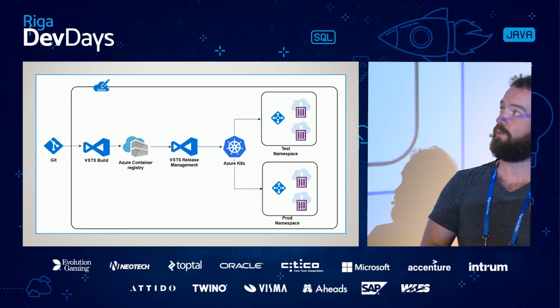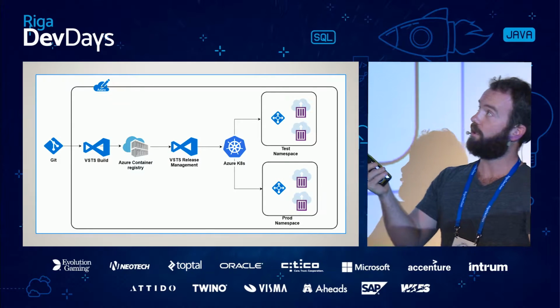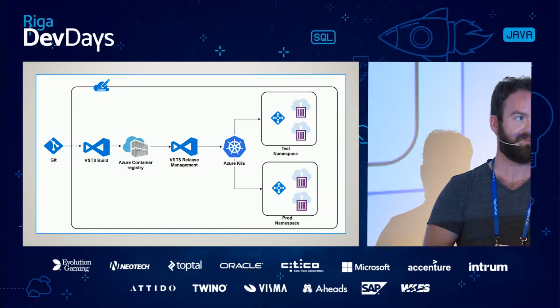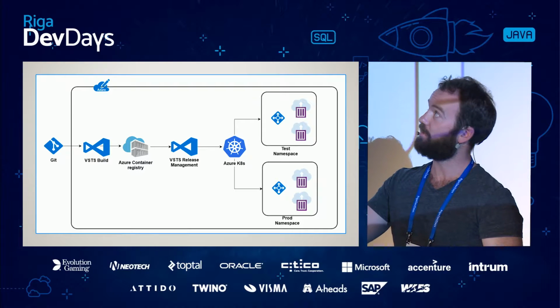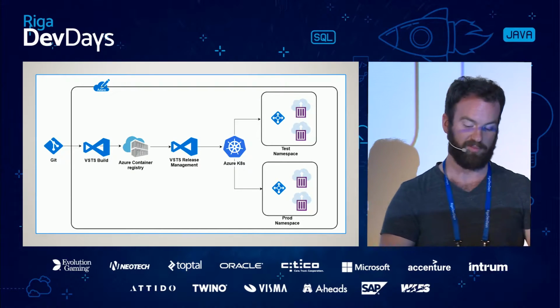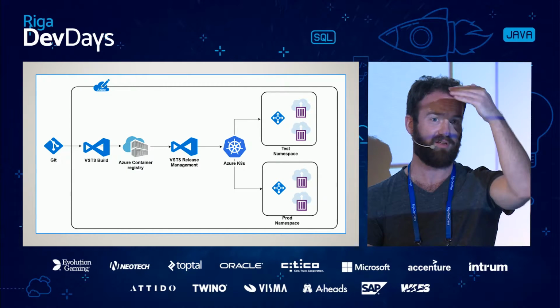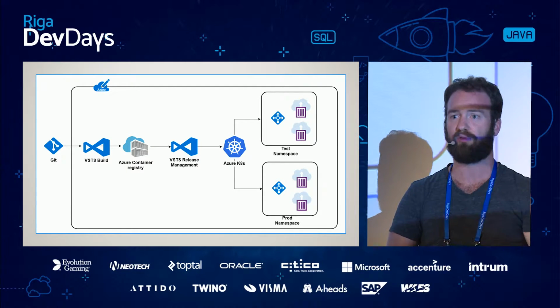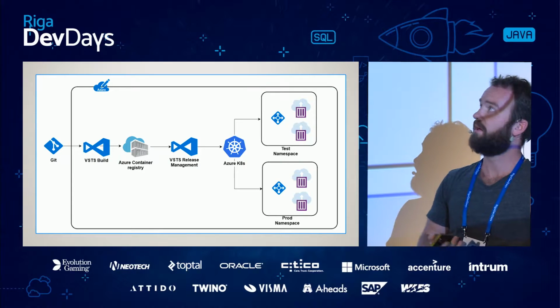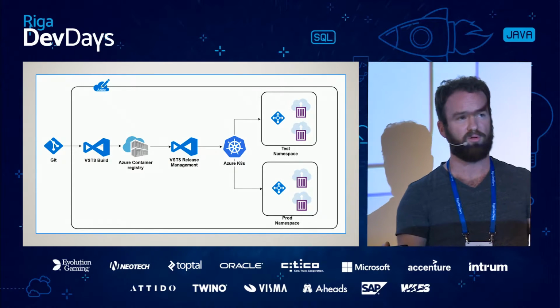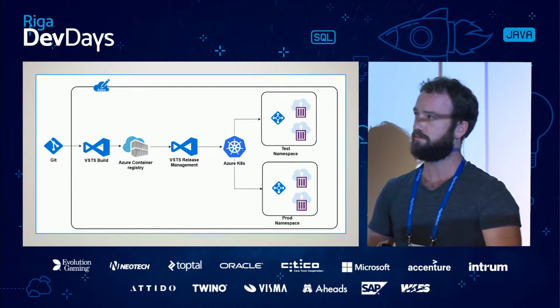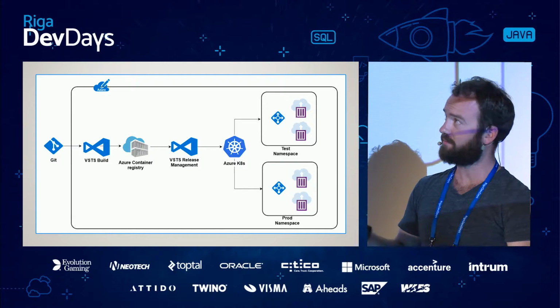Over here, you can do CD, continuous delivery, and you can do continuous deployment, obviously. We will then deploy to our Azure Kubernetes, and there's a big caveat on this one at the moment. AKS is still not generally available. It's still in preview. It's going to go GA fairly soon, that's my understanding.